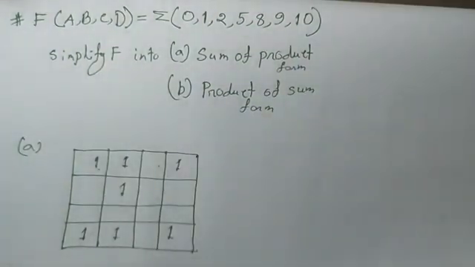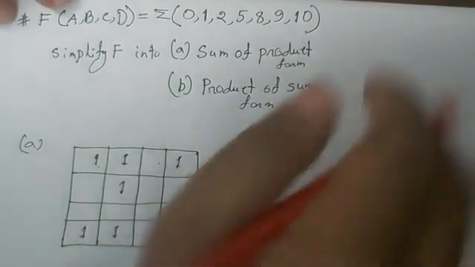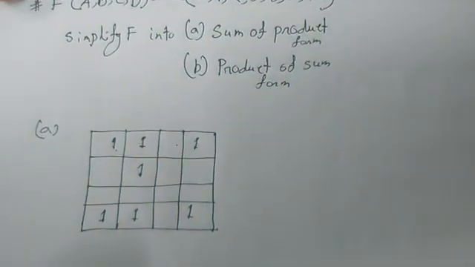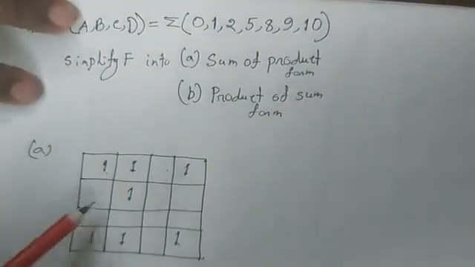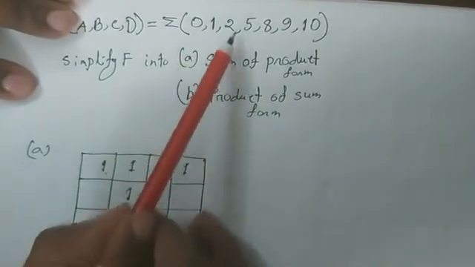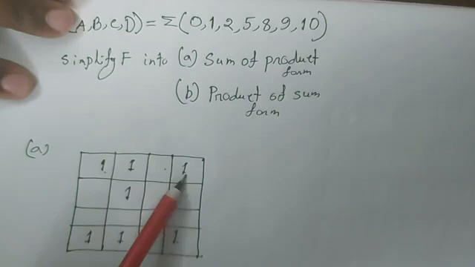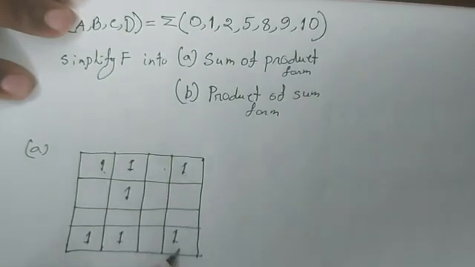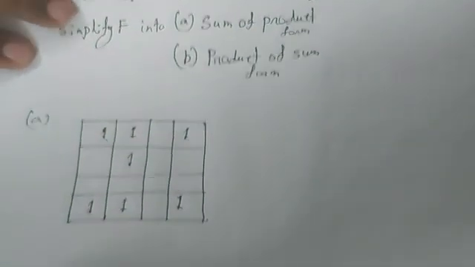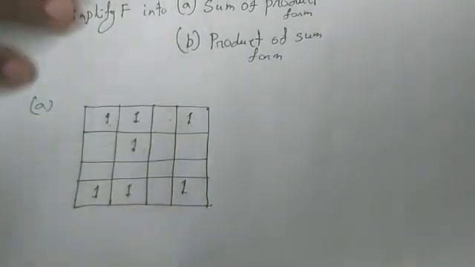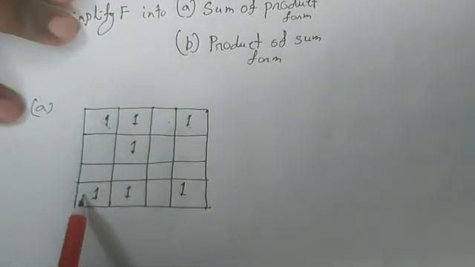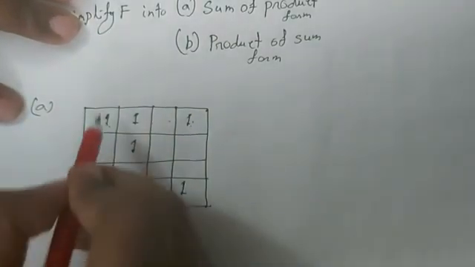Hopefully you have solved it. You know how to find the sum of product form, so let's solve it. I have already put it in. The min terms are 0, 1, 2, 5, 6, 7 is not there, 8, 9 and 10. Now we have to make the groups and find the equation. There are 4 corners, so we can make one group.